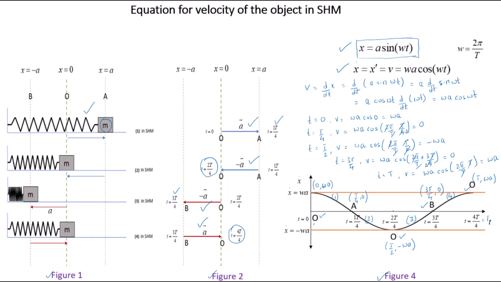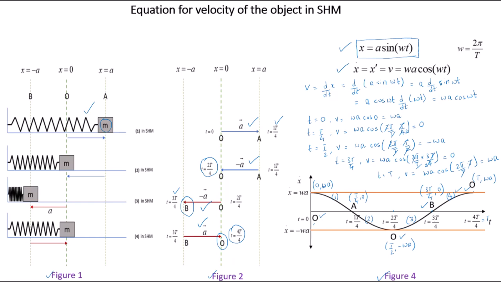Then at the end of quarter 3, at the extreme point B, the velocity is expected to be 0. And at the end of the fourth quarter, when the particle is at point O, the velocity will be maximum again. It will be positive maximum because the particle is moving from left to right.